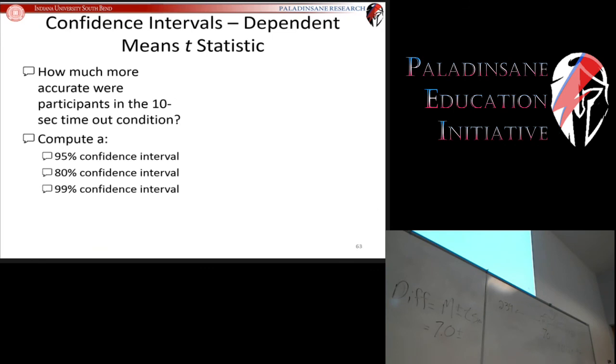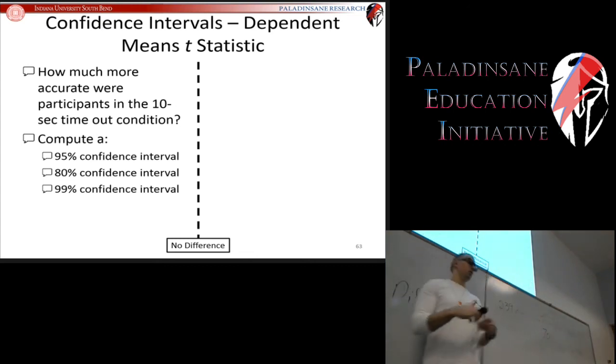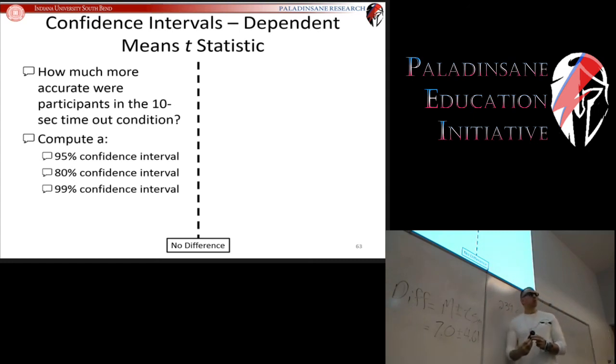All right, so we have to compute a 95% confidence interval and a 99% confidence interval. This was the 95 one, so we get 7.0 plus or minus 4.61. And once again, we have our no difference line right there. So if you were in that board meeting and they said, we brought you in here as a psychologist because we're thinking of implementing this change, and one of the members of the board says, what kind of increase in accuracy can we expect if we go from the 5-second to the 10-second timeout condition?